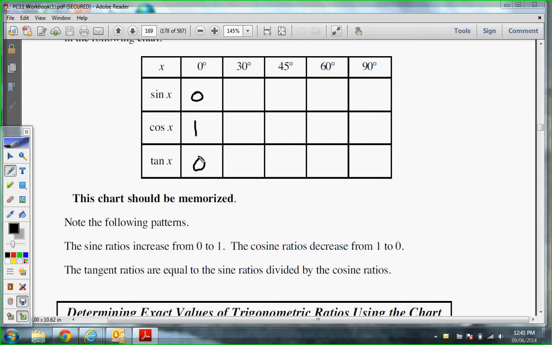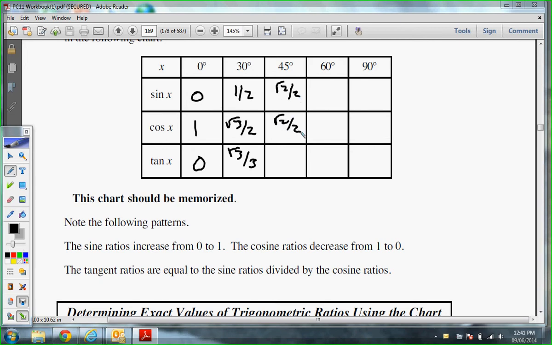If we go back to our 30 degrees, we got sine, from our earlier investigation, 1/2. We got root 3 over 2. And we got root 3 over 3. I think that was our first example. For 45, root 2 over 2, root 2 over 2.